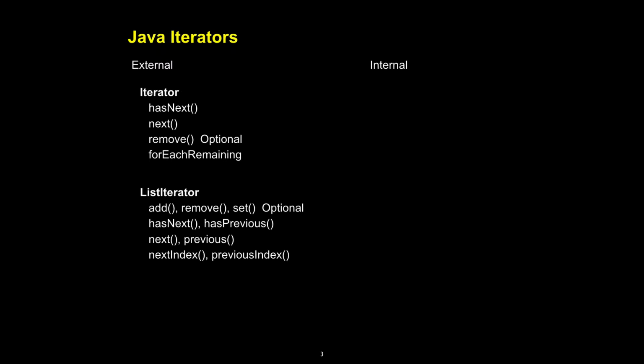What would the option for those three methods depend on? It depends upon the collection, and whether the iterator for that collection actually implements those methods. And one problem is, now in Java, we have collections which are mutable and collections which are not mutable.